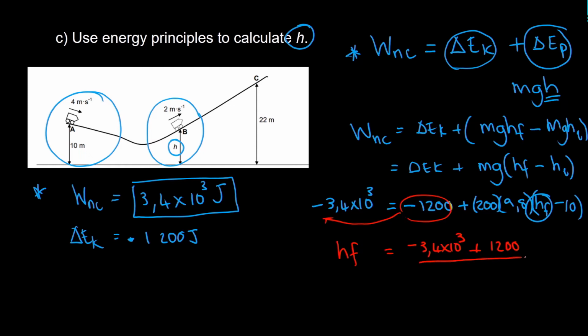We're then going to divide by 200 times 9.8. Because it's times by the height, we want to divide by it on each side. And then we have to remove the minus 10, and that becomes plus 10. Once we pop that into our calculator, we end up with an answer of 8,88 meters.